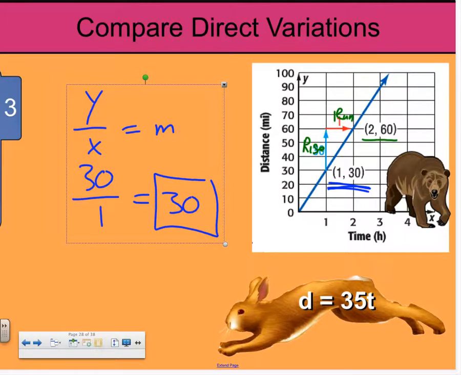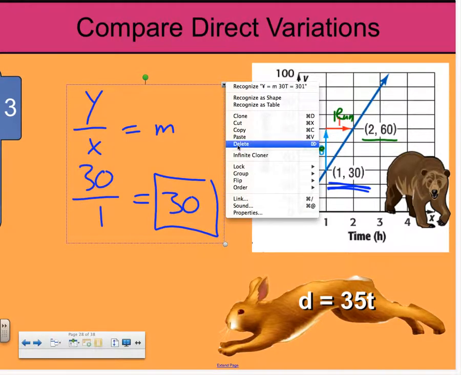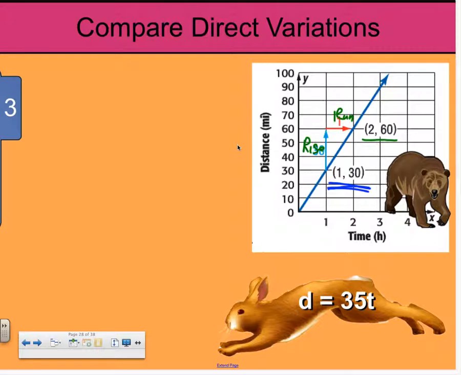35. Someone says 35. How do we know 35? Because it says b equals 35 and b represented the line. Very good. So we think it's 35. Do you remember how when we take this relationship, y over x equals our slope, that we can rewrite it this way? And we said this coefficient, the number in front of the x, represents our slope or our constant rate of change.